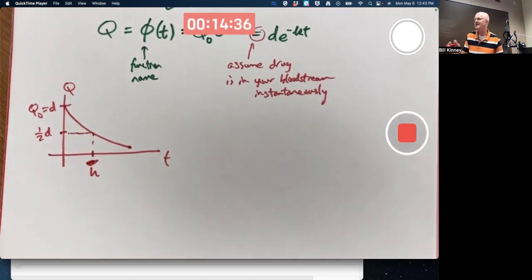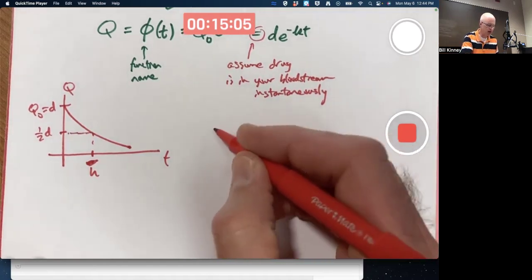And it turns out, this takes either experimental evidence if you are confirming an exponential model, or mathematical evidence if you know the exponential model works, that the half-life doesn't depend on q naught. In this case, it doesn't depend on D. It doesn't depend on how many milligrams you take, that this half-life is the same. Why does that happen mathematically speaking?